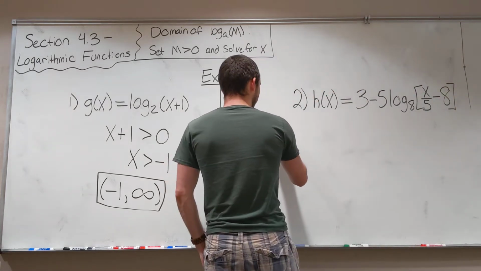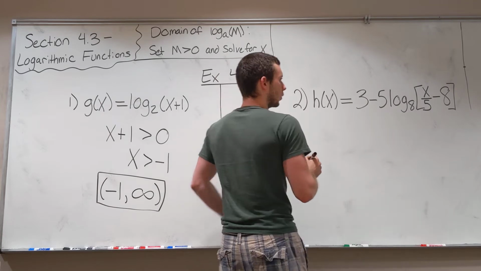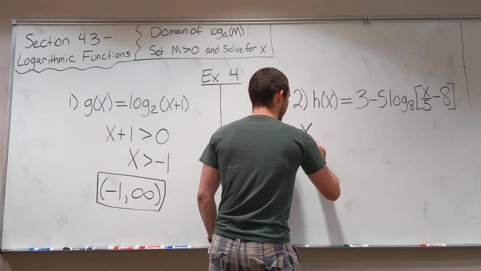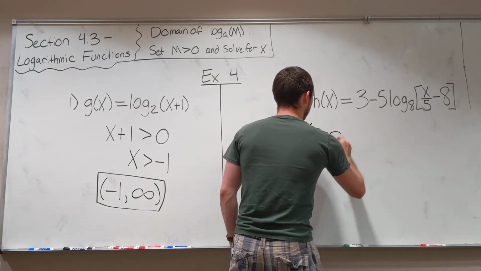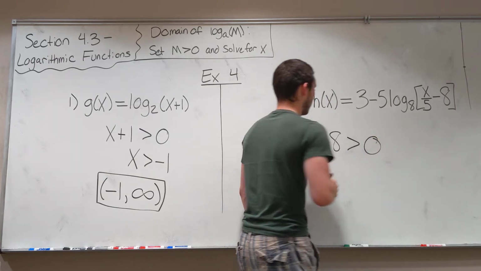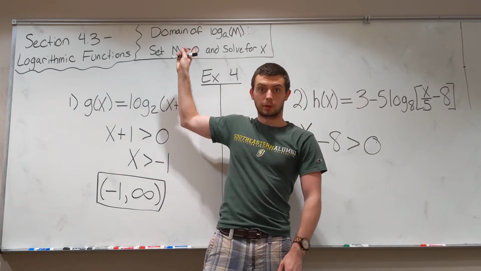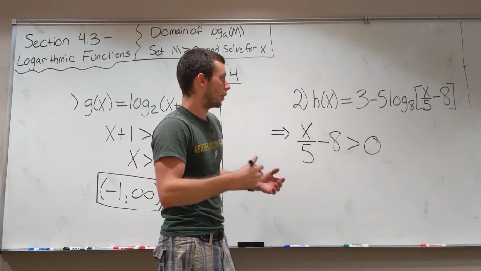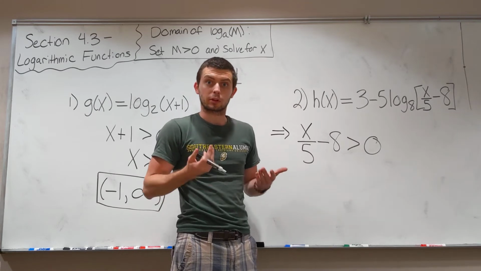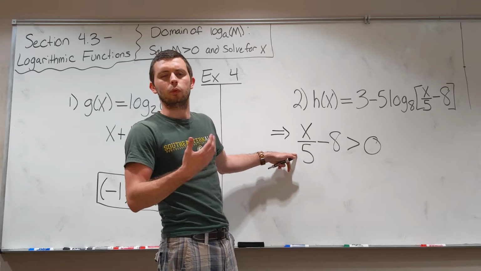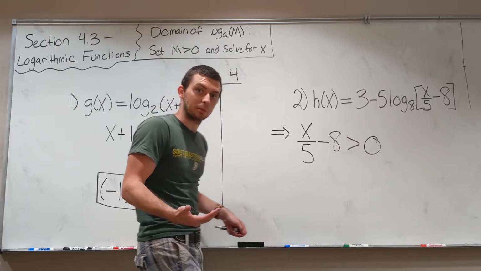All we care about is what the logarithm is evaluating. So from all of this, we're taking what the logarithm is in fact evaluating and setting that greater than 0, like what the criteria up here tells us. And from here, it's just a matter of solving for x. So I see a denominator. I'm going to apply the least common denominator real quick.